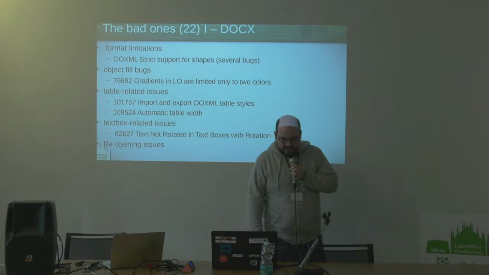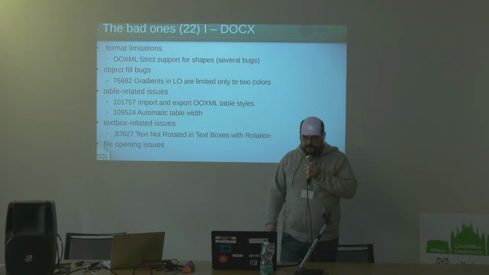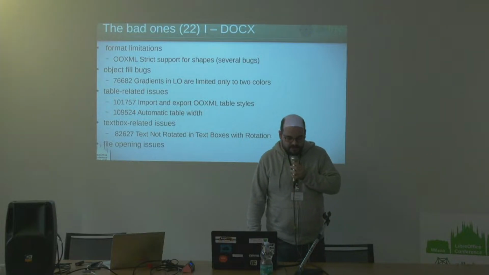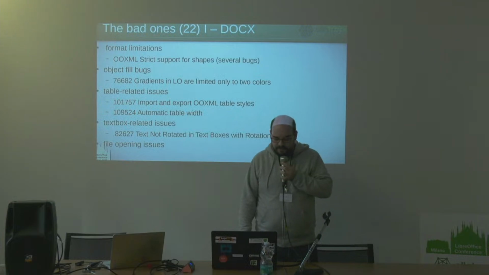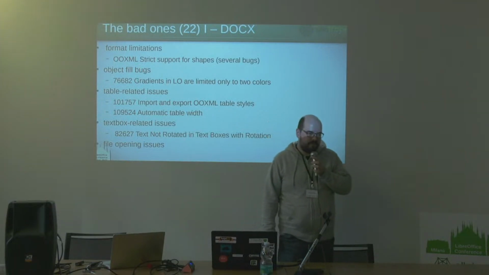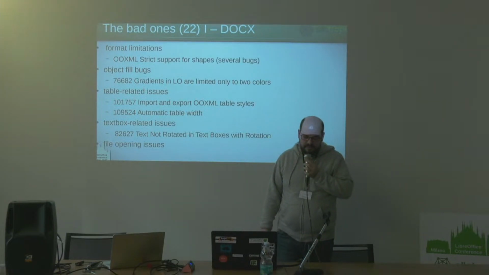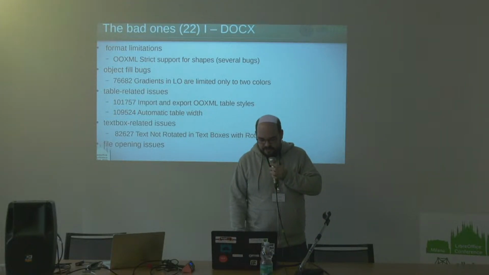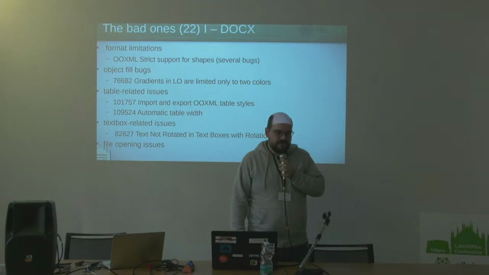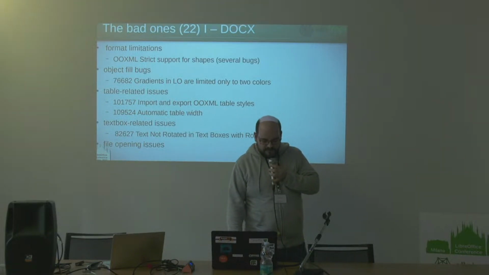And of course, we are having this rotated text boxes issue, which is kind of hurtful, and even the aggressive competition is attacking LibreOffice with that feature. So it would be very decent to fix it for the foreseeable future.